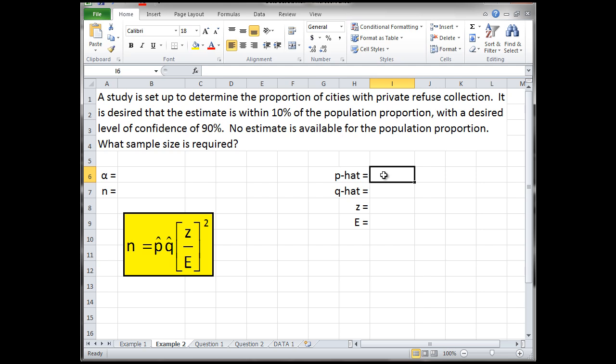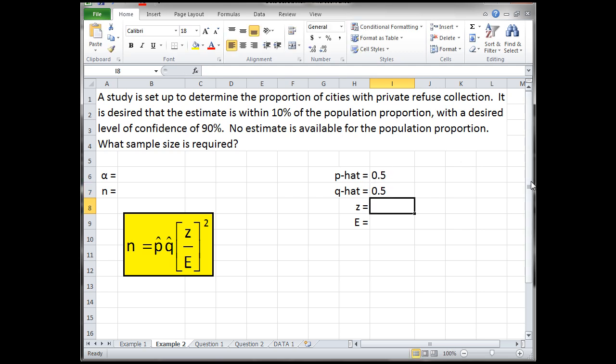So it's told us that there is no estimate for the population proportion. And remember, when that is the case, we're going to have to make our sample size as large as possible. The only way to do that is to make both p hat and q hat 0.5. So if p hat is 0.5, q hat, 1 minus 0.5, is also 0.5.